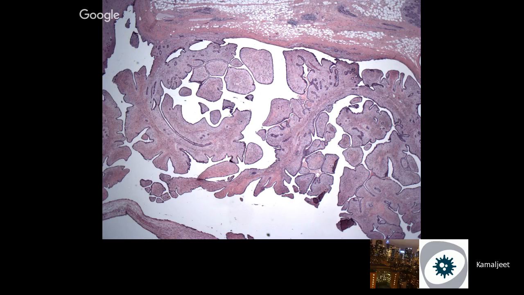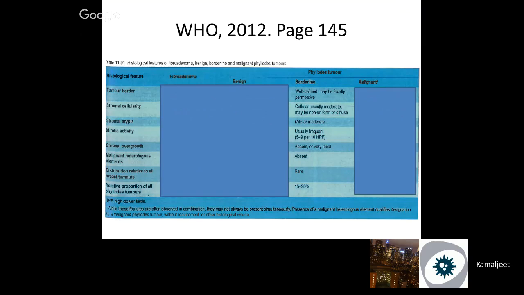This is another fibroepithelial lesion. We don't use the mitosis for the line. The cutoff is 5 to 9 per 10 high power fields. But mitosis, I will tell you something, I go for last. It's the last resort when you have to bump something from benign to borderline.